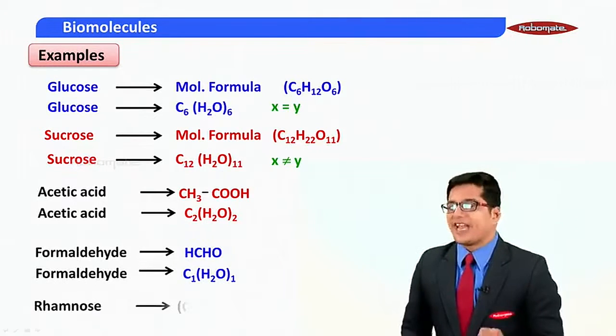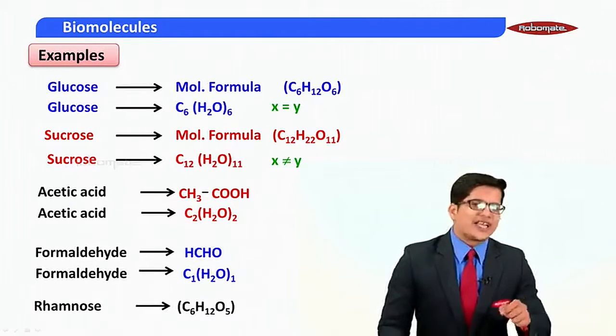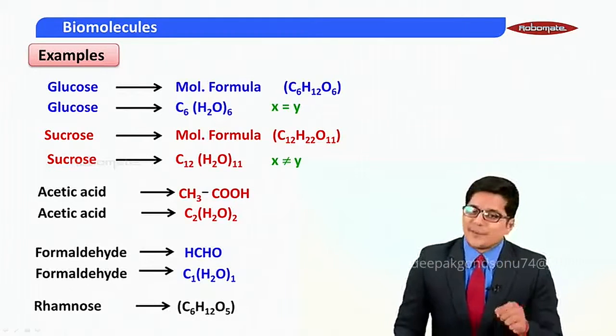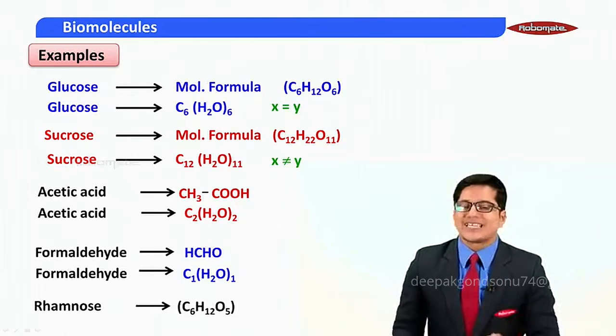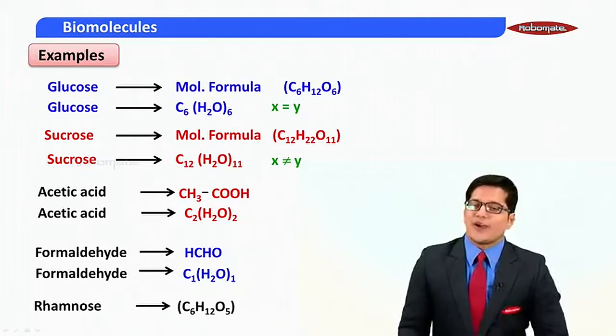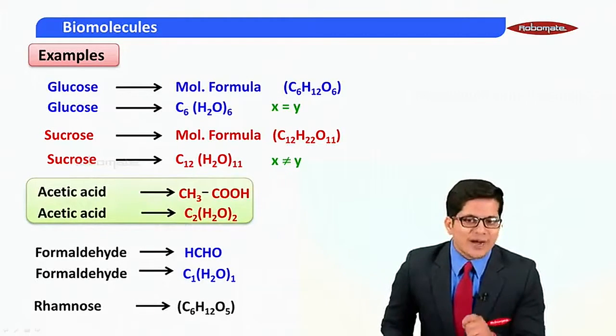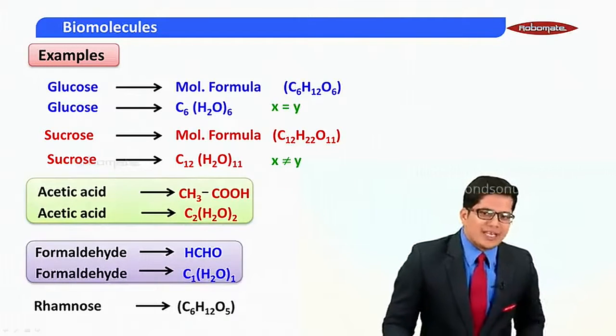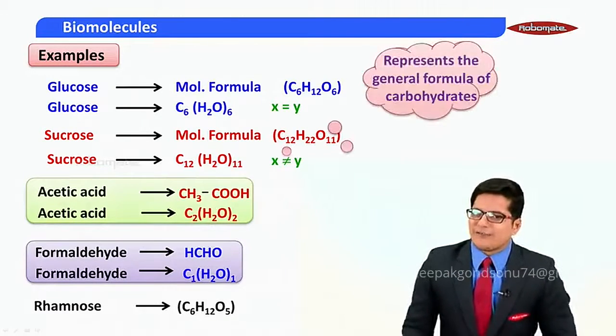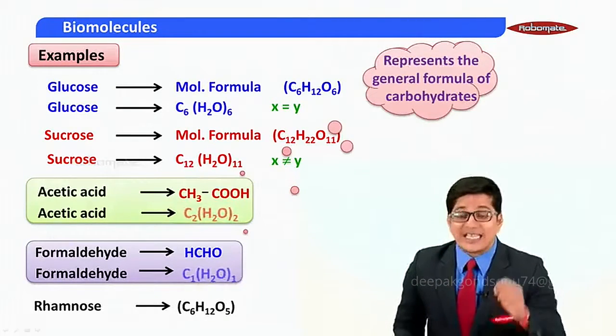And lastly, if we happen to have a molecule called rhamnose, its molecular formula becomes C6H12O5. Now, acetic acid and formaldehyde, can they be represented with a general formula of carbohydrates?